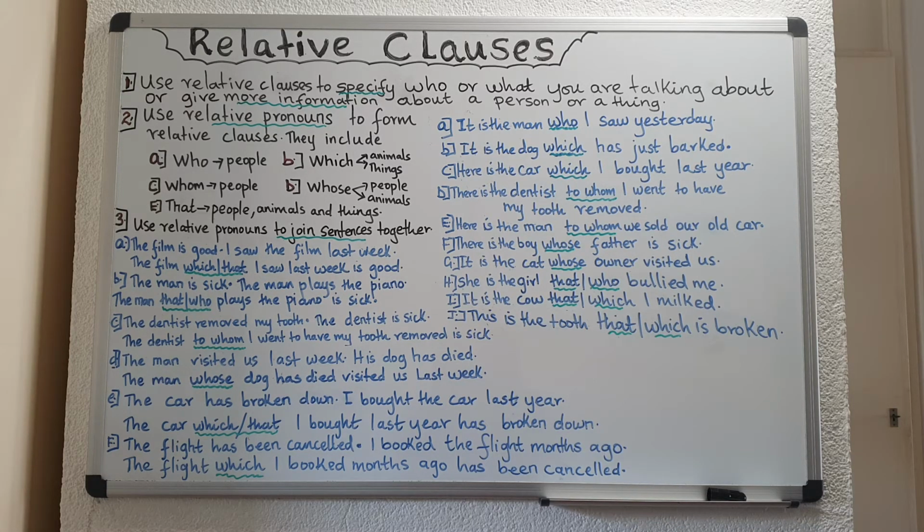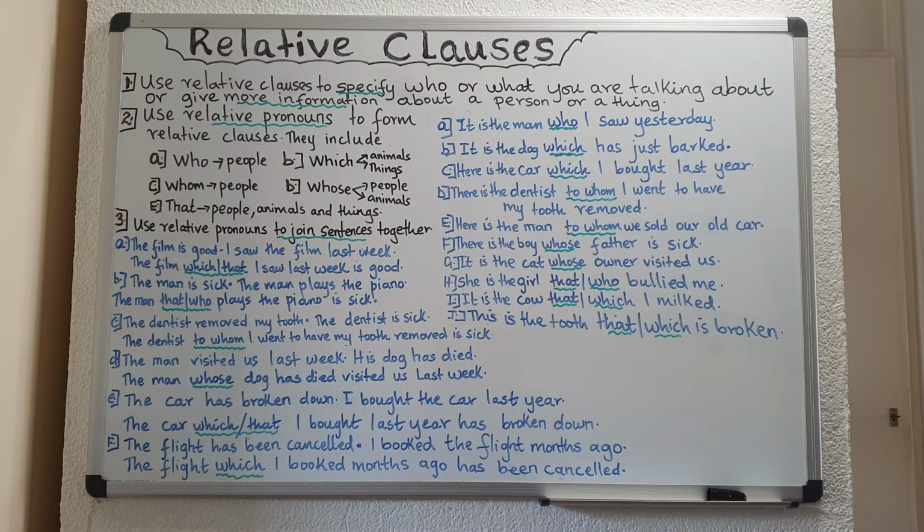And then we have the relative pronoun which, number 2B. We use this pronoun which when we want to give extra details, or when we want to be very specific about which animals or things we are talking about.